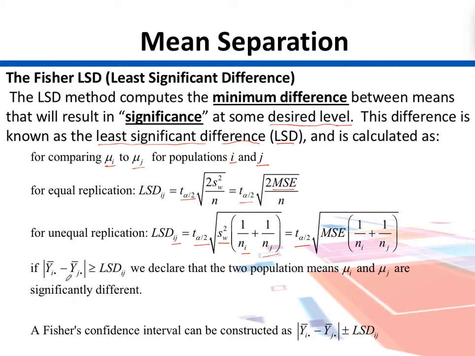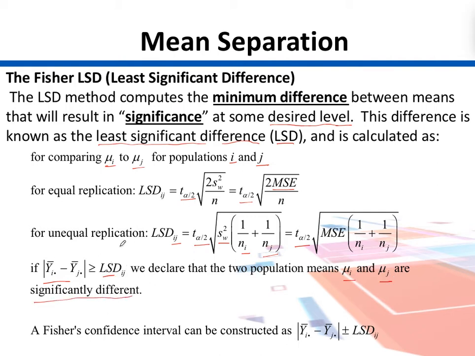And then we go for their mean comparisons. So we pick treatments 1 and 2, and we go through all of those possible combinations of treatments, 1 with 2, 1 with 3, 2 with 3, and so on. And if the mean difference is greater than or equal to LSD, we declare that the two population means mu i and mu j are significantly different.